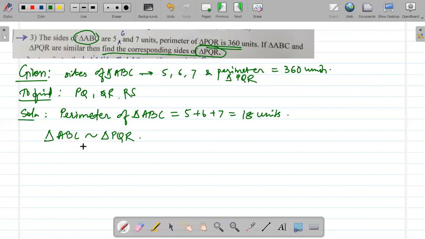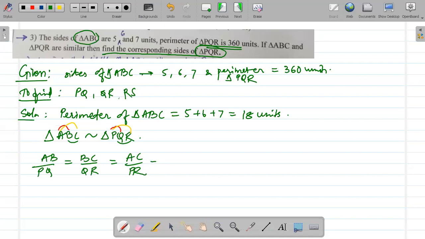Therefore, by the correspondence, we can say that AB upon PQ will be equal to BC upon QR will be equal to AC upon PR. You can check the correspondence like this, correct? BC goes with QR and then AC goes with PR, something like that.